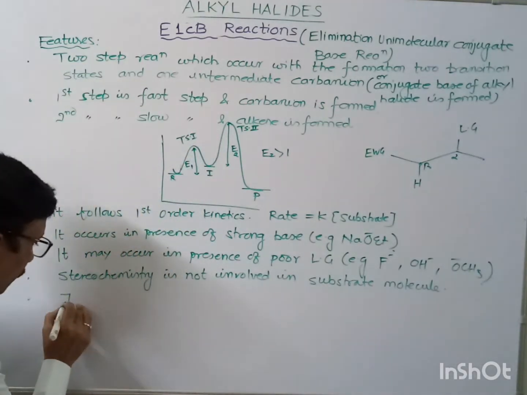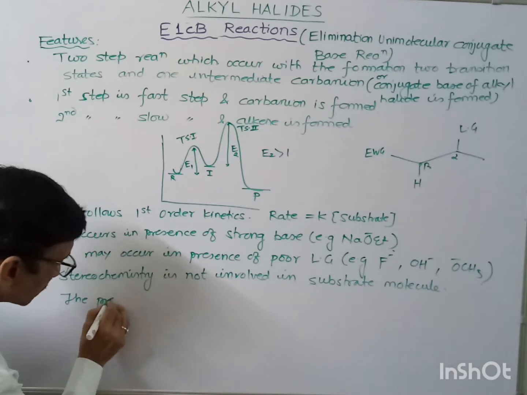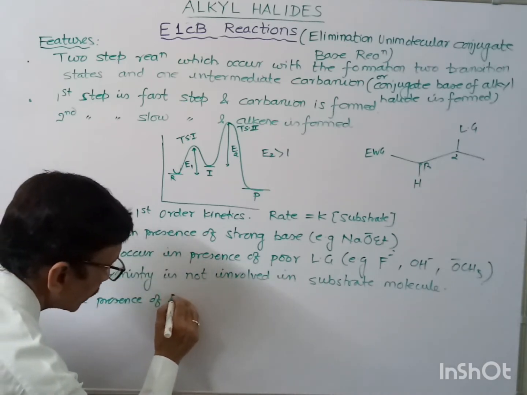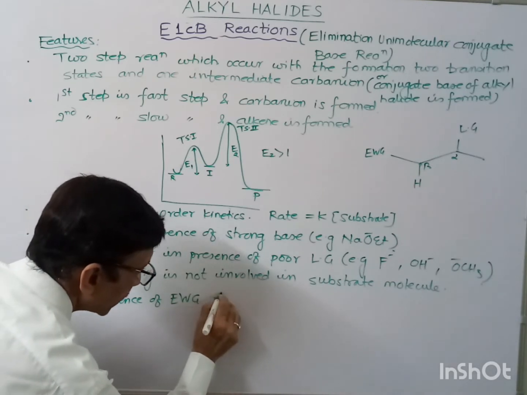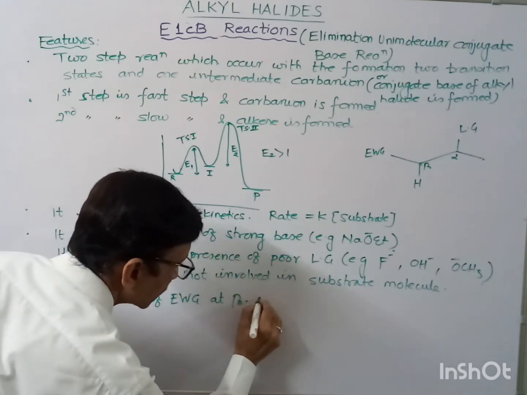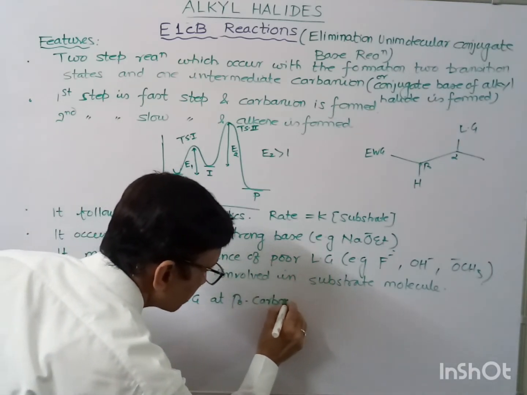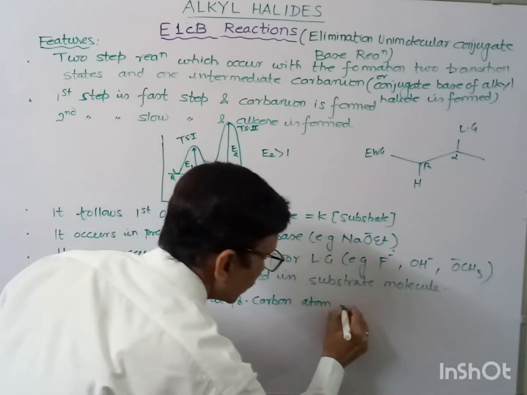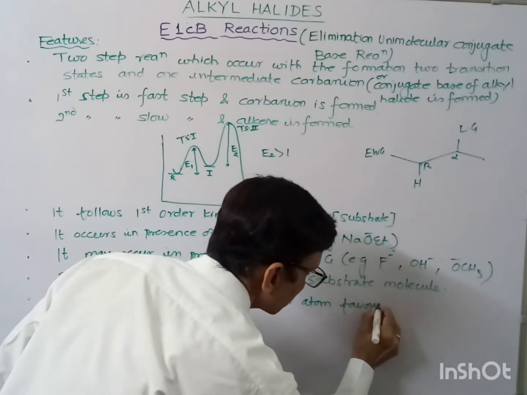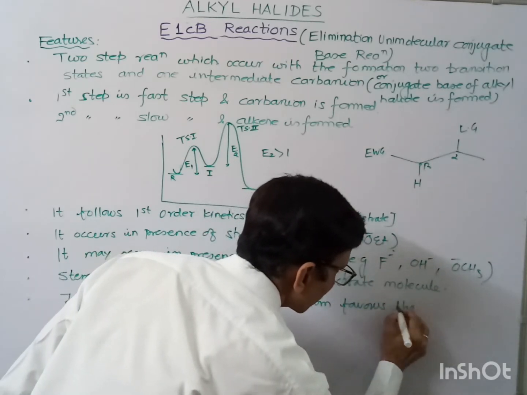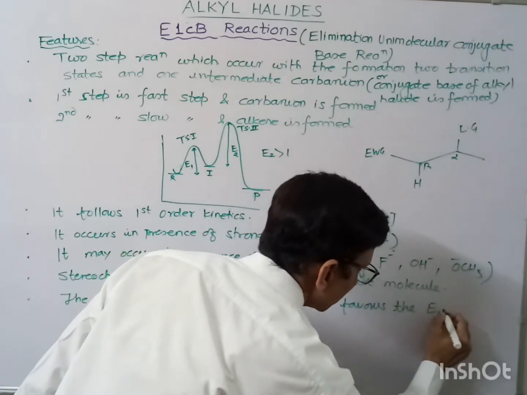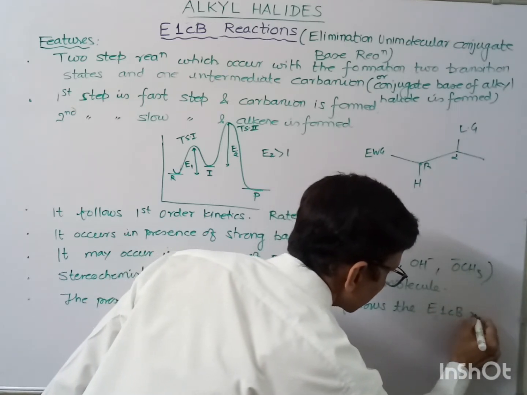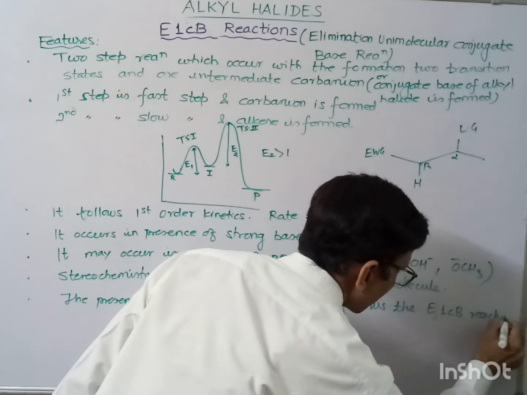So the presence of an electron withdrawing group at the beta carbon atom favors the E1cB reaction. Why?